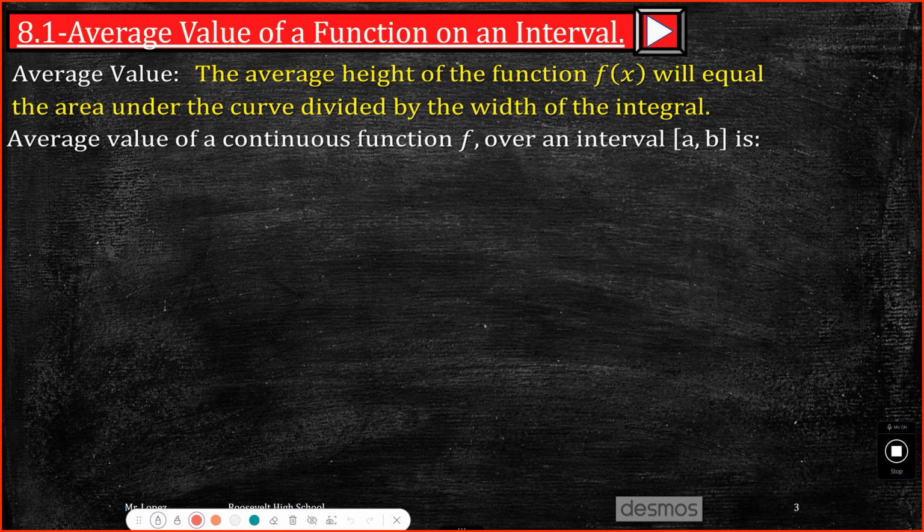The average value of a continuous function f over an interval from a to b, the formula is this: 1 over b minus a, integral from a to b of f of x dx.